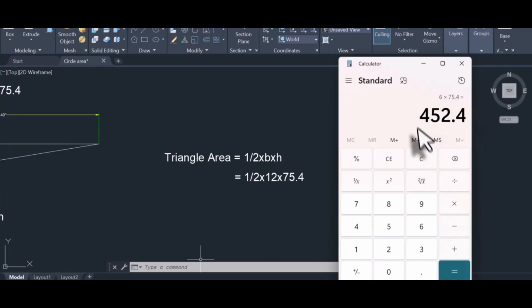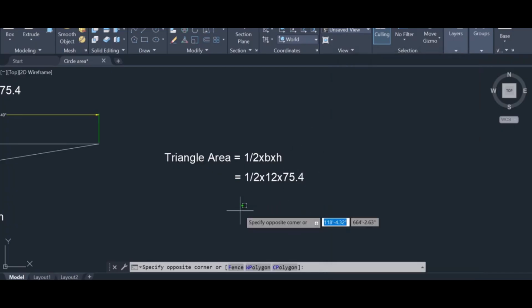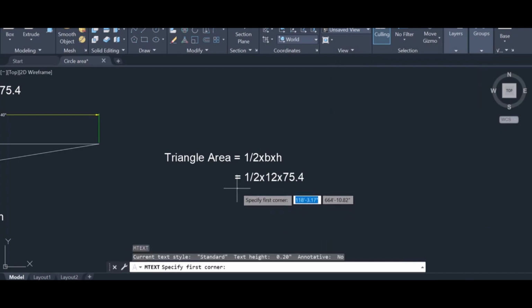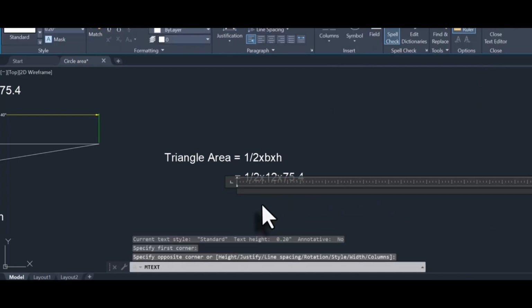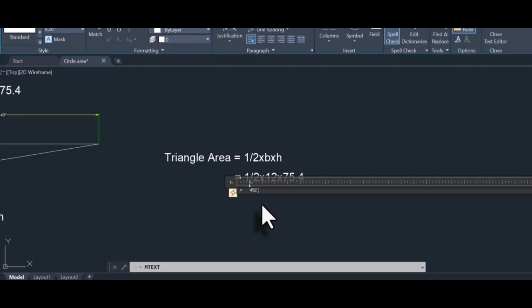We get the circle area 452 Y 4. Okay, so output is 452.54 square inch.